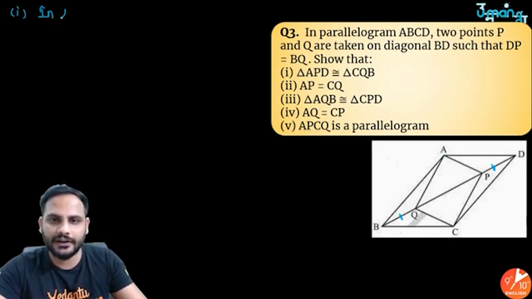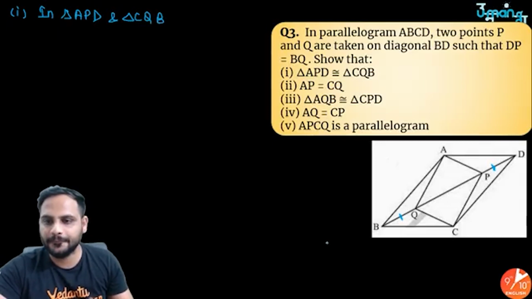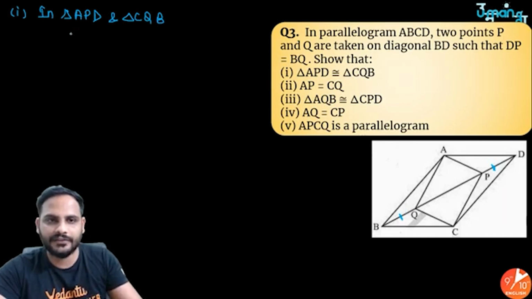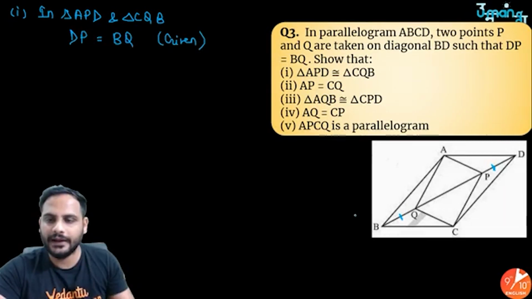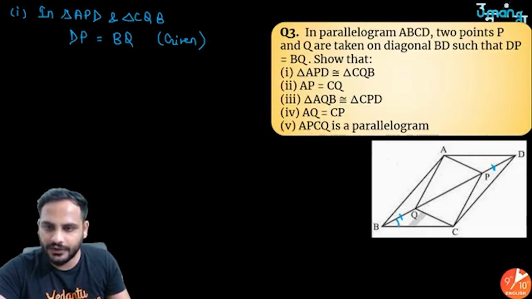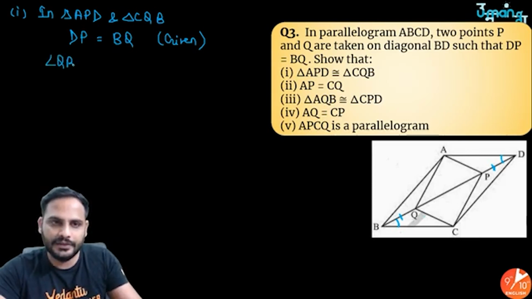So in triangle APD and triangle CQB, the first thing I know is that BQ is equal to DP. It is given. First thing given. Then I can say that this angle QBC is equal to angle PDA.